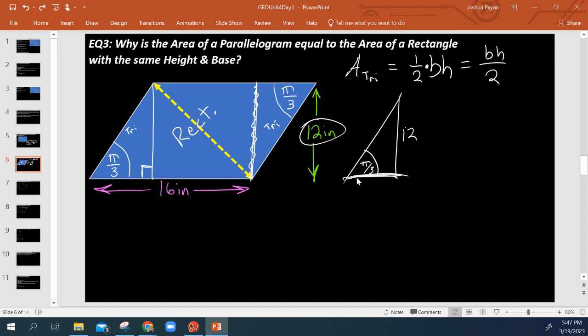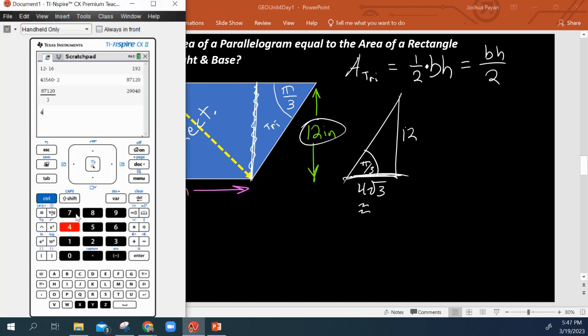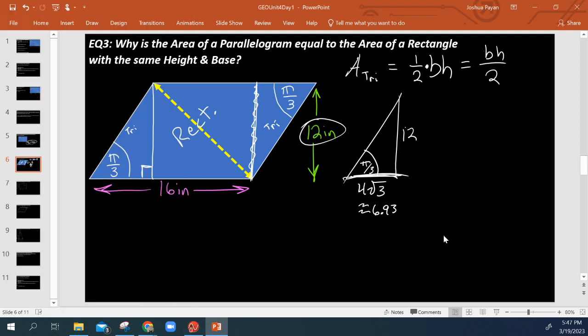So I could just do basic trig here, and I am going to end up with the base equal to 4 times the square root of 3, which is about 6.93. So from here to here is about 6.93 inches.